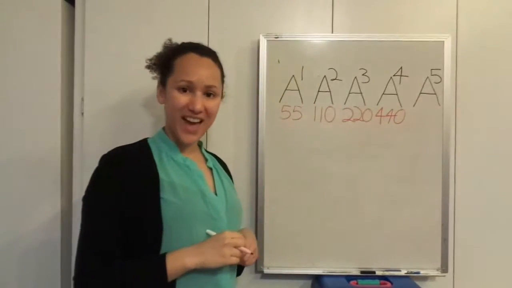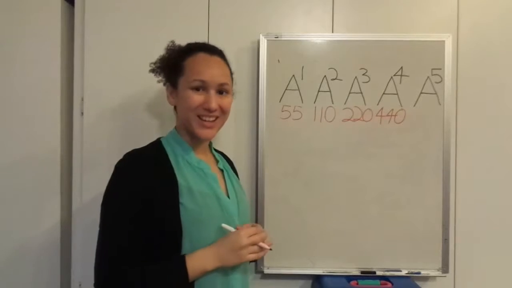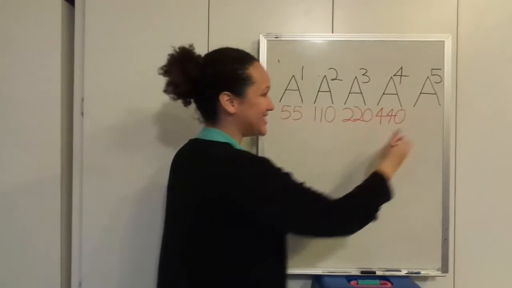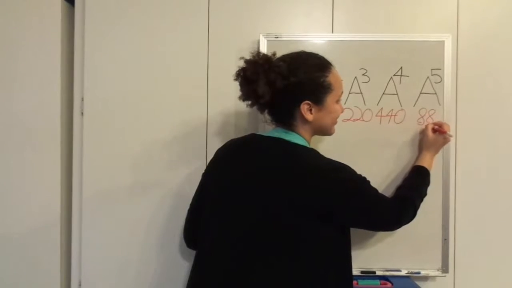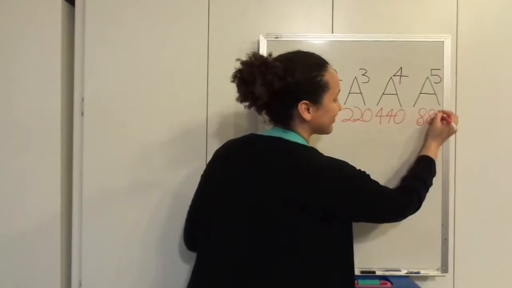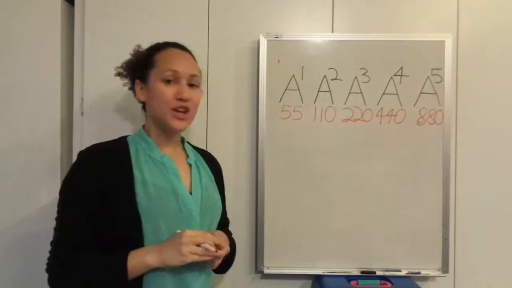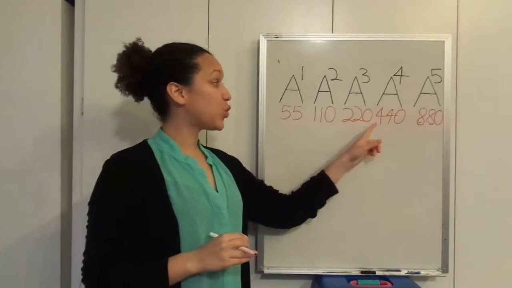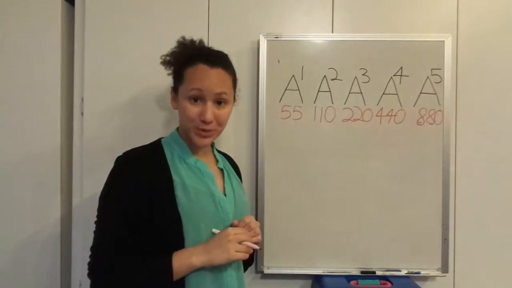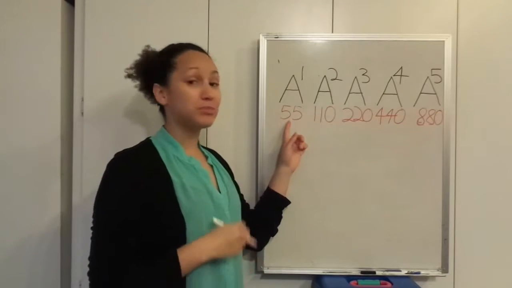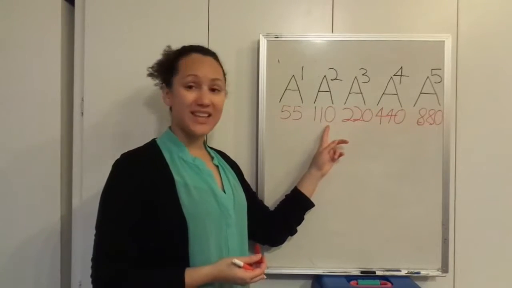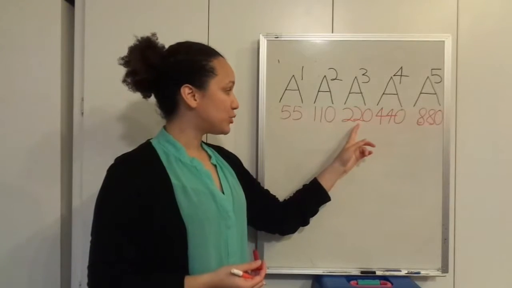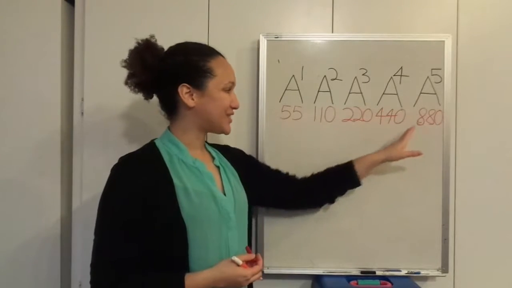And twice as fast as 440 would be 880. So you see, each one gets twice as fast as the previous. 55 plus 55 would be 110. 110 plus 110 would be 220, and so on.